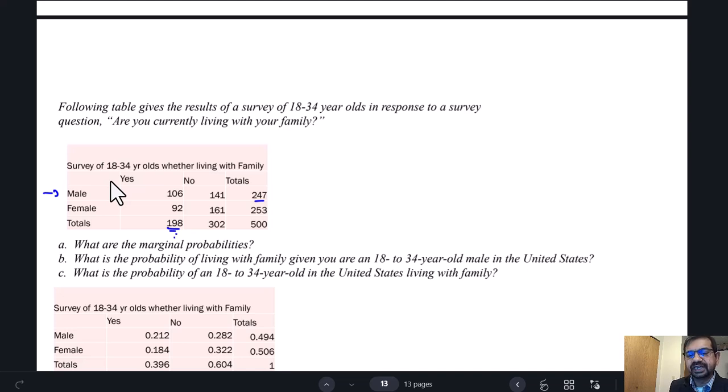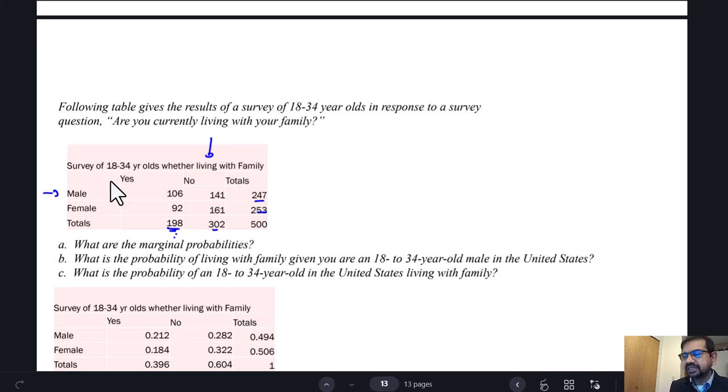So the summation of this column across the rows is the number of people who said yes. The sum of the second column across the rows is number of people who said no. And if we add the columns for each row, we get total number of male and female respondents. So these are the marginal totals.